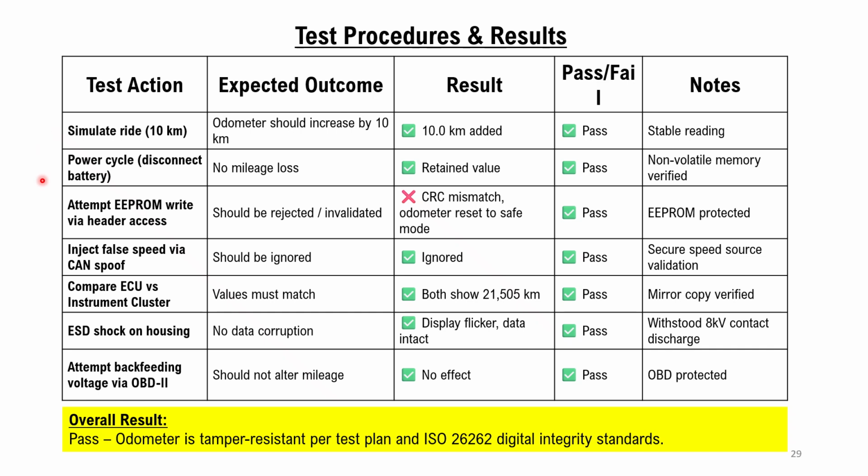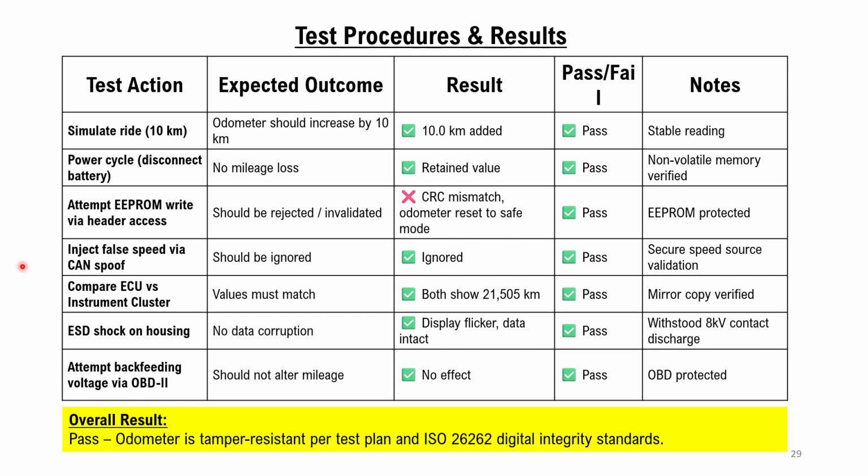Power cycle, disconnected battery: no mileage loss observed; the speedometer retained its value, therefore it is declared a pass. Attempt EEPROM write via header access should be rejected or invalidated. CRC mismatch, odometer reset to safe mode, so it is declared a pass. That is, the EEPROM is fully protected.